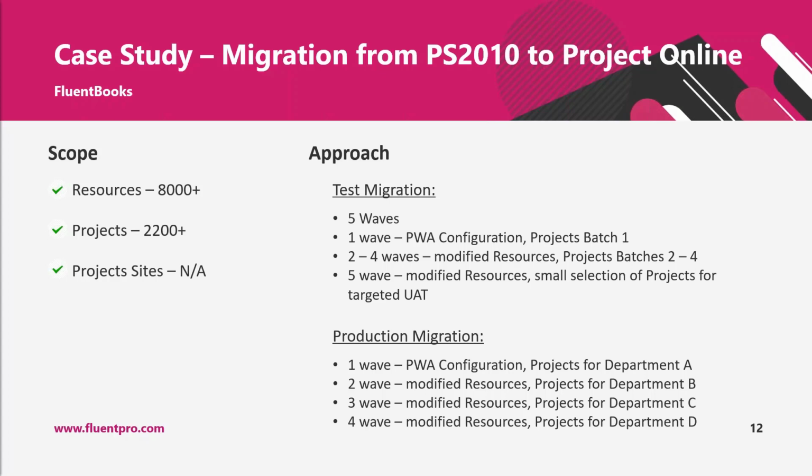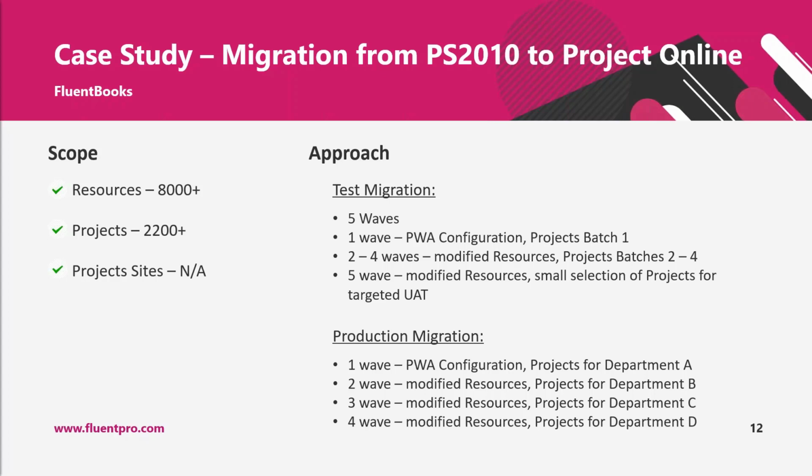When you have a report of 2,200 projects that you need to verify, it takes longer, and you can be a bit lost in a large amount of data. So we split the whole volume into several batches.